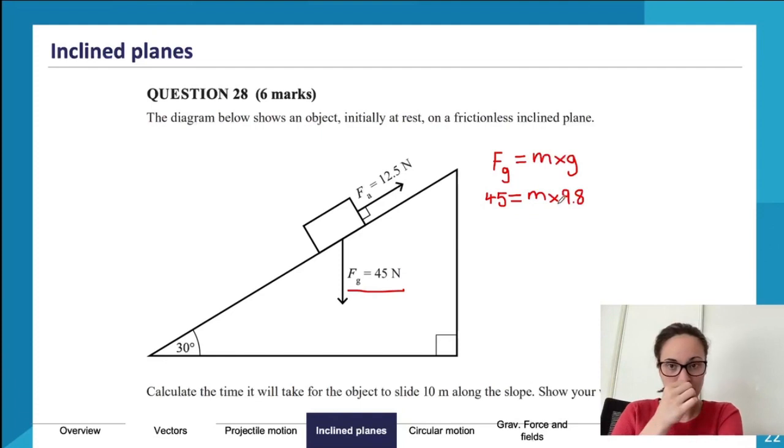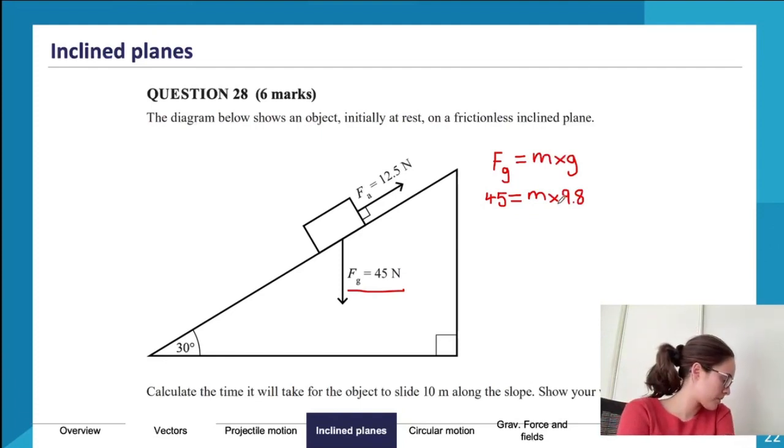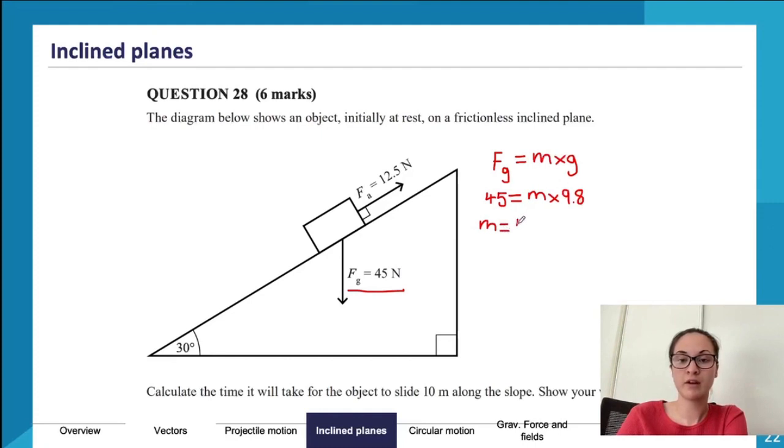Now we divide both sides by 9.8, and we end up with 4.59 for our mass. Kilograms, that is. Make sure you remember your units. They're worth half marks. So 4.59. Not a very heavy object.